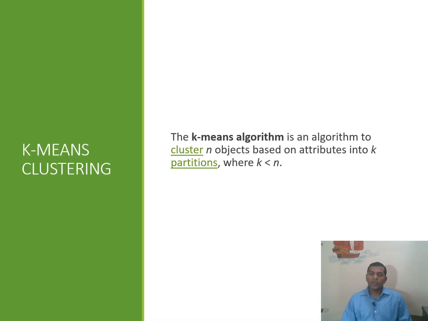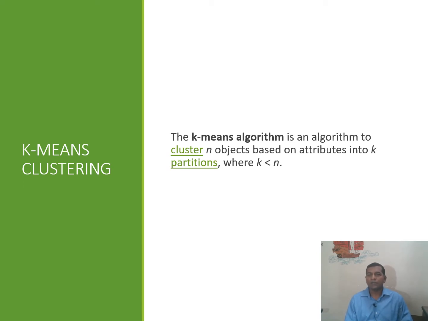In the k-means algorithm, multiple objects exist, and we are supposed to convert them into particular classes. The classes that we are going to define may be known as k number of classes. K is any integer number which can be defined before we go for clustering.